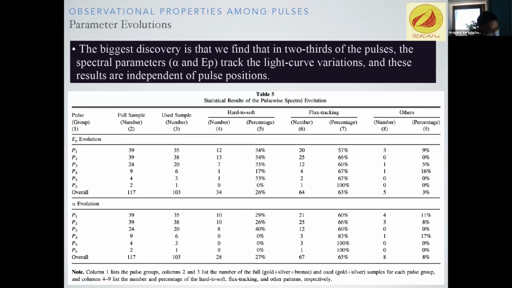Compared to the previous works, we find that our results are similar: hard-to-soft and fluctuating are the two dominant patterns. However, the biggest new discovery in our paper is that the fraction of fluctuating patterns is much higher than the results found in previous works, like the Dai paper in 2008 and several early results.